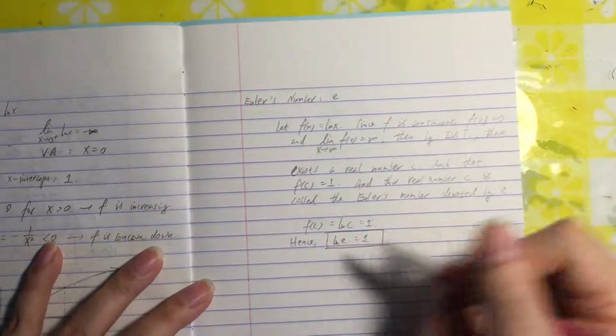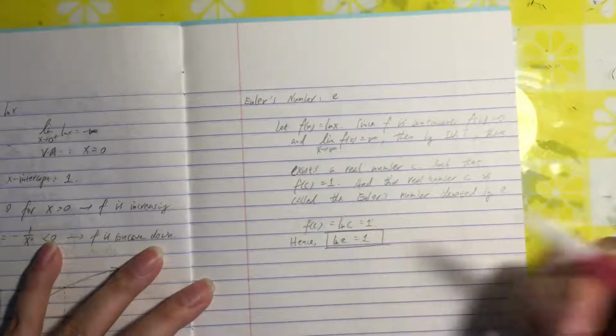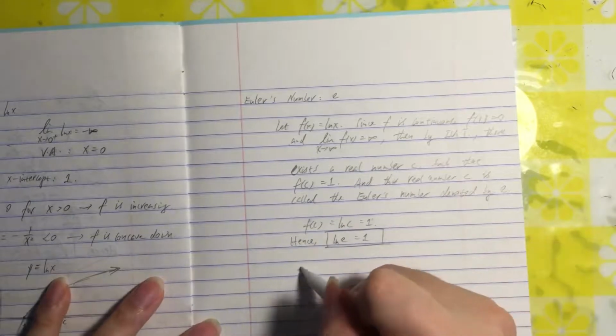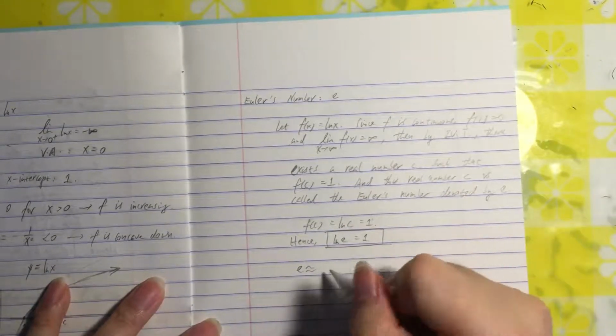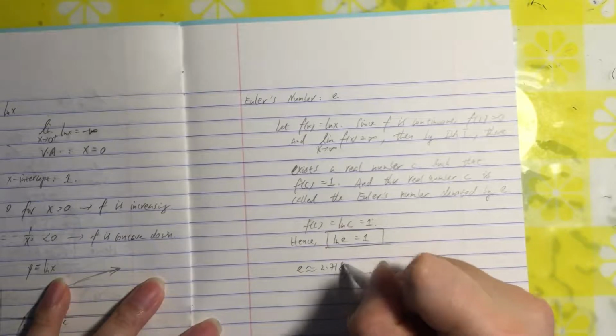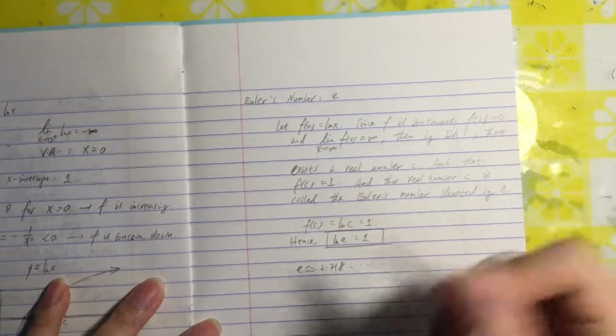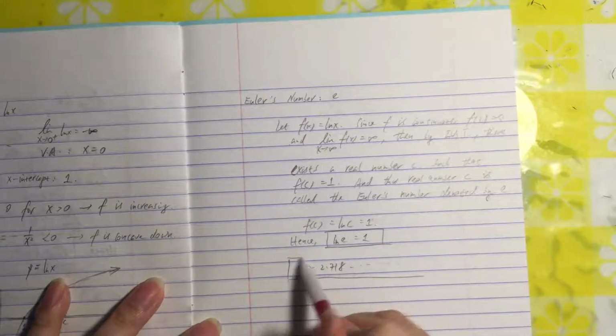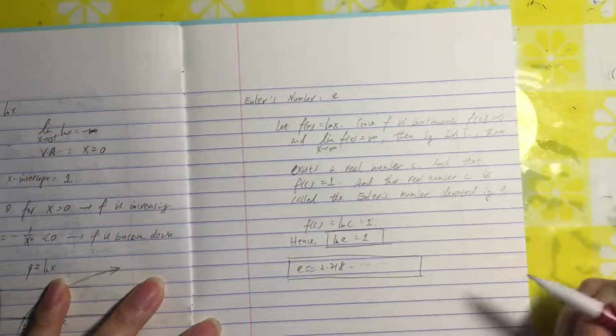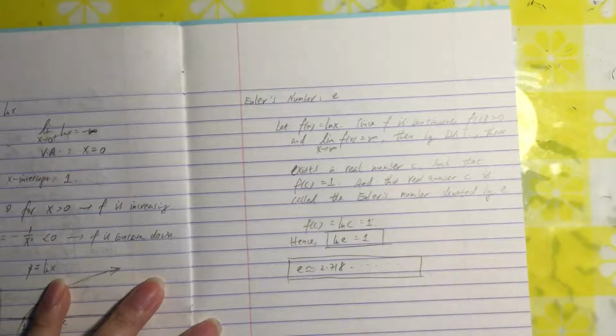This e is called Euler's number, which makes ln of e equal to 1. And using a calculator, e is a constant, approximately 2.718 and so on. That's Euler's number e.